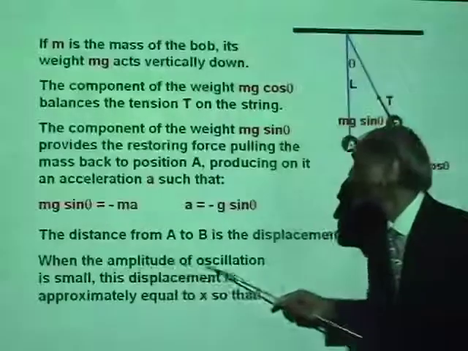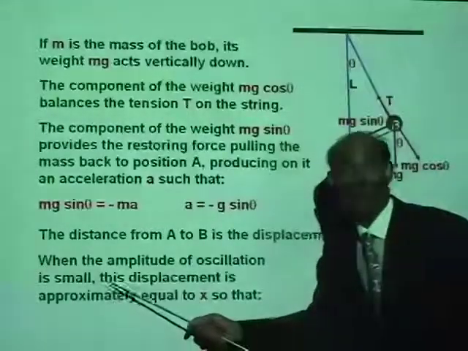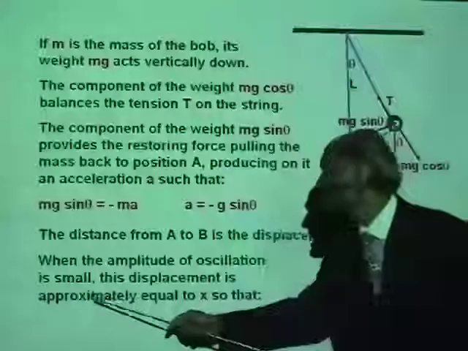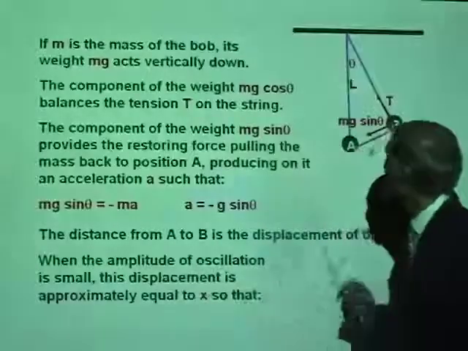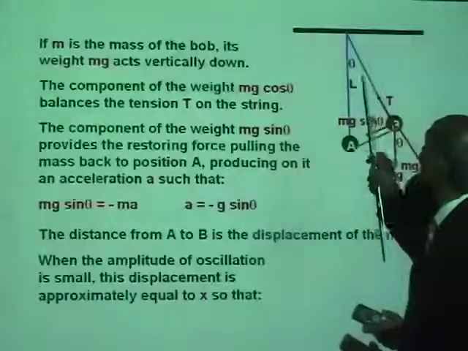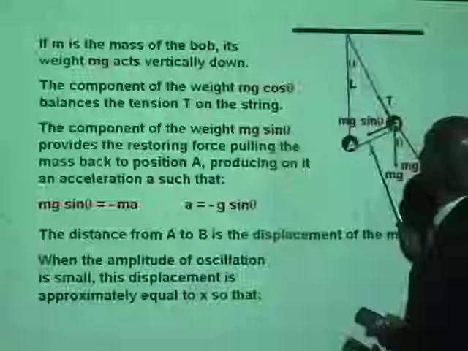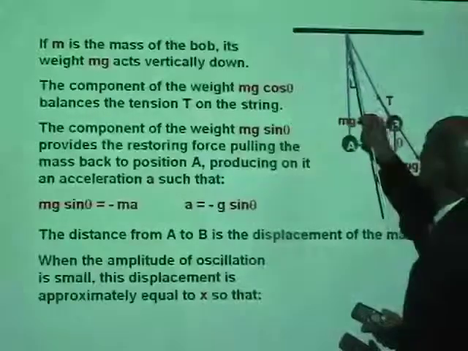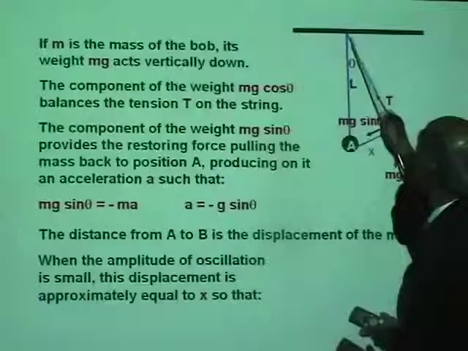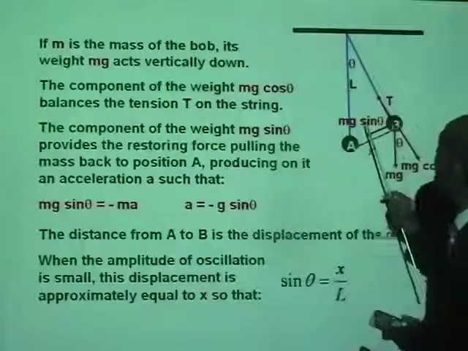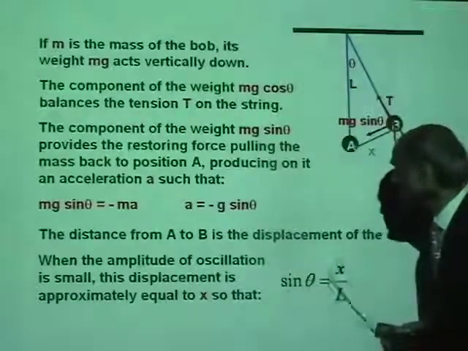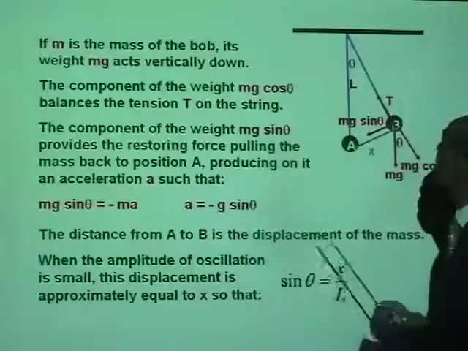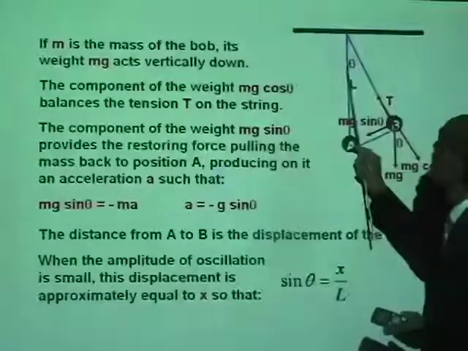When the amplitude of oscillation is small, this displacement is approximately equal to x, so that sine theta equal to x divided by L. You see, L is the length of this string. Sine theta equal to x over L.